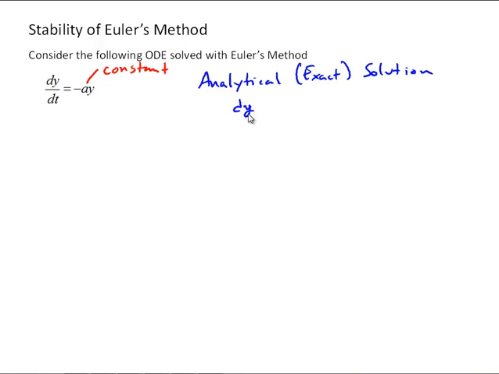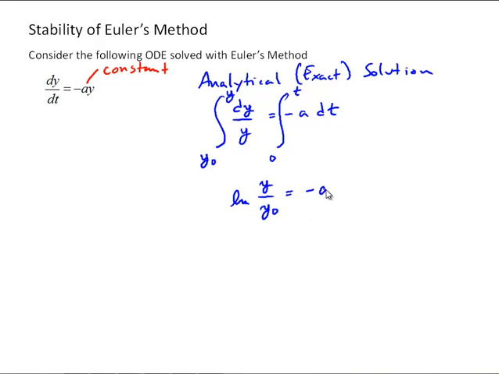So we have dy over y is equal to negative a dt, integrating both sides from y0 to y, and from 0 to t, we get for the left side natural log of y over y0, and for the right side negative a times t, which we can then solve for y. Taking the exponential of both sides, we get y is equal to y0 e to the negative at.